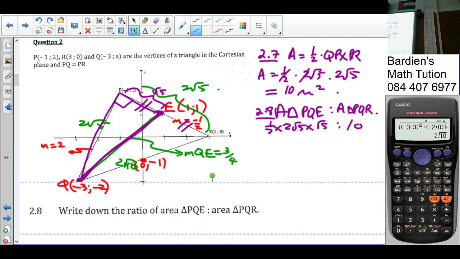That median, this line, is called the median. The median divides the area of the triangle in half. So I already knew this would have been 1:2. But say you didn't know that. It would have been 5:10, divided by 5 throughout. So you'll get 1:2. Okay?